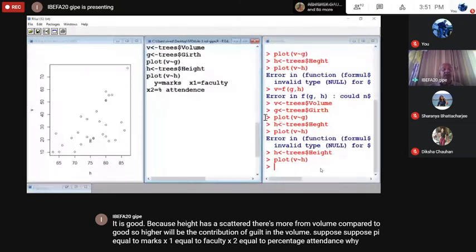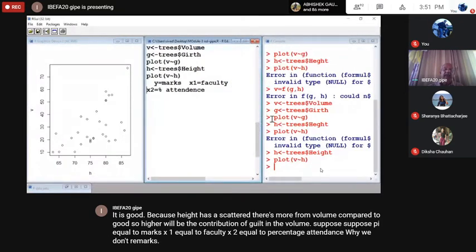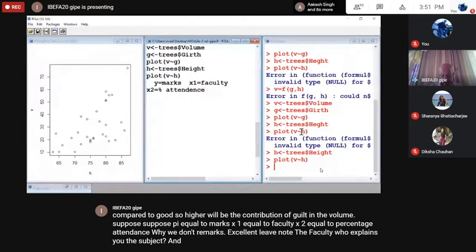Why denote the marks? x1 denotes the faculty who explains the subject, and your percentage attendance, so there are 3 variables.